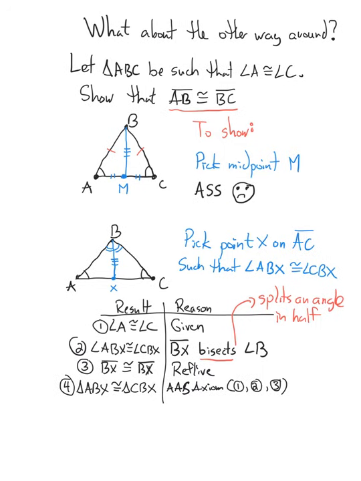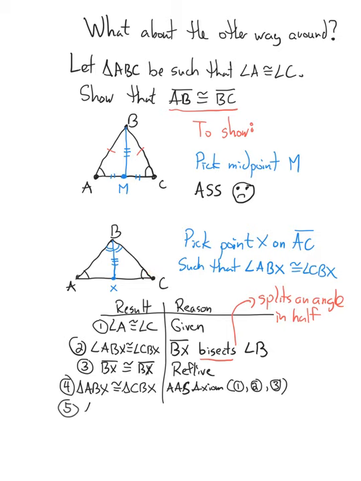And then finally, we know that the left and the right triangles are congruent. So we know everything about their measures is congruent. In particular, we know that AB is congruent to BC. So let's write that.